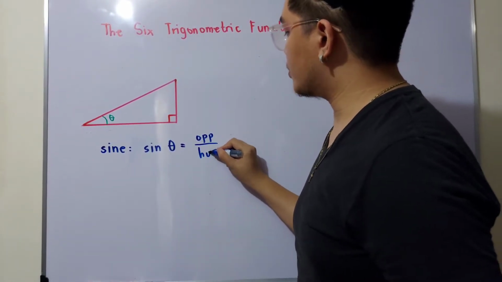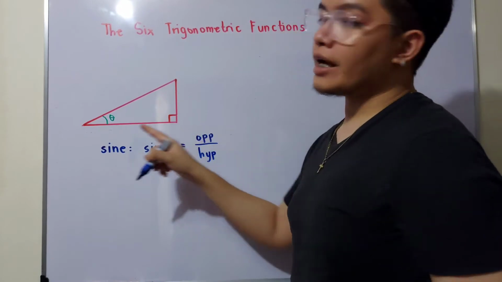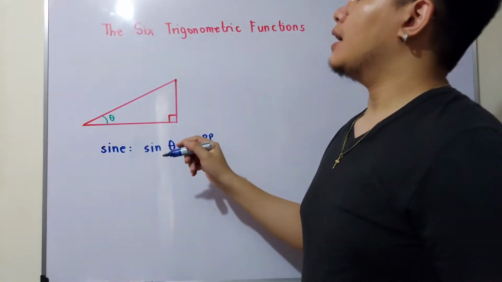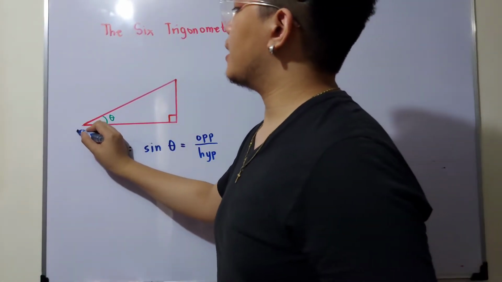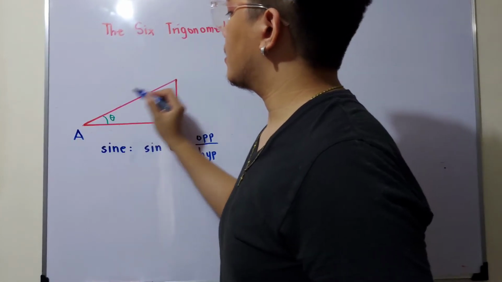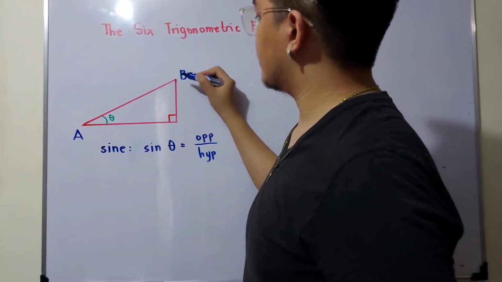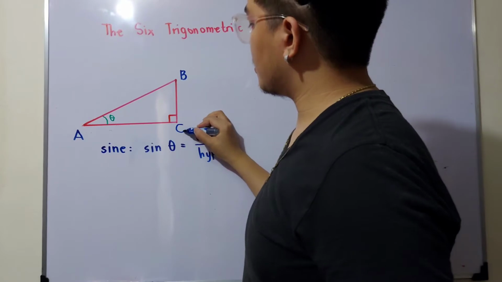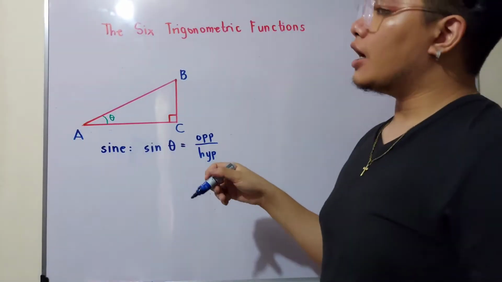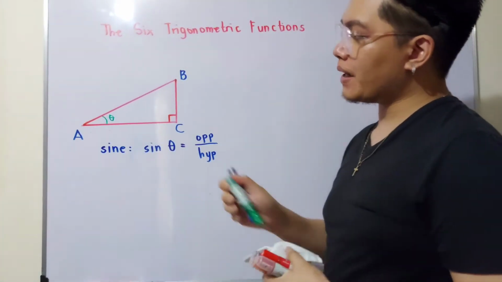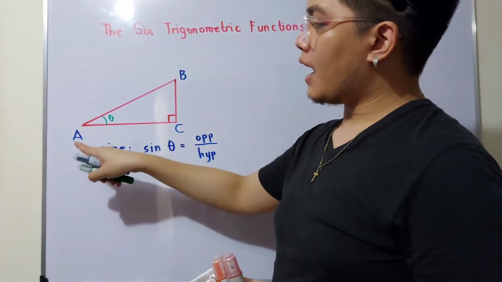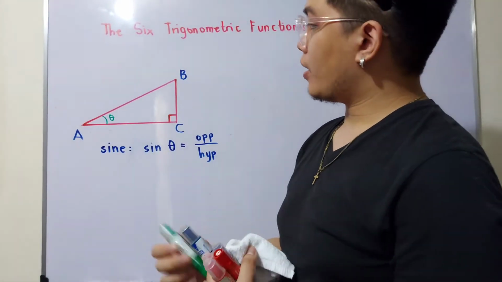over hypotenuse. So, since nag-drawing tayo ng right triangle dito, let us label the vertices and the sides. So, yung pag-name ng sides, nakadepende yun dito sa vertex. Okay?